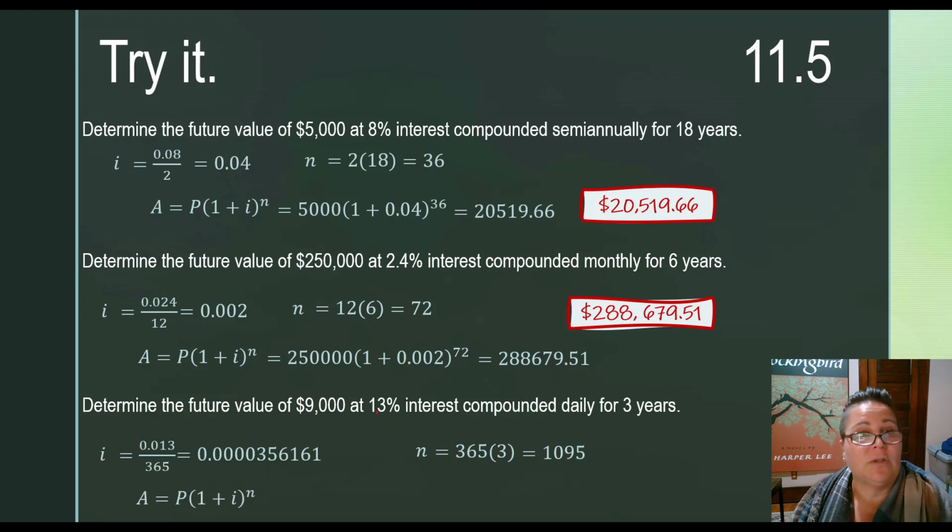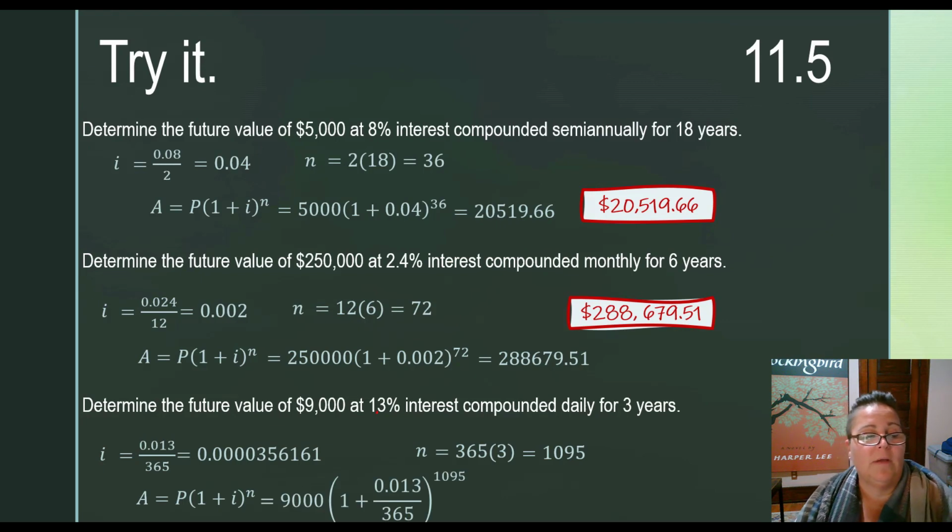1,095. Substituting those values into the formula, we'd have 9,000 times 1 plus, and I didn't want to write that whole number in. So I just used 0.013 divided by 365. You can do that. In most calculators, it will work. And if you've taken an Algebra 2 course and maybe a geometry or pre-calc, you're probably pretty savvy about how to get that done on your calculator.